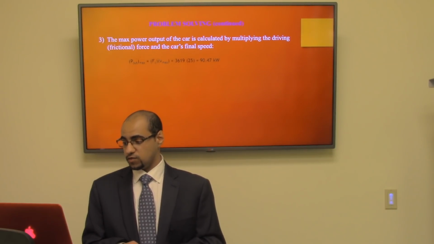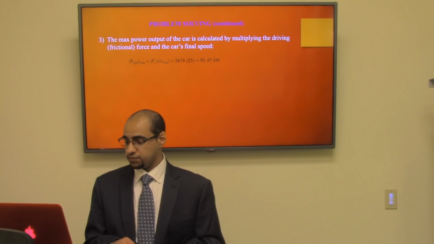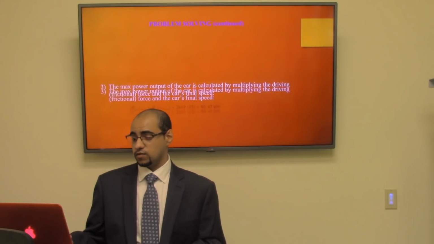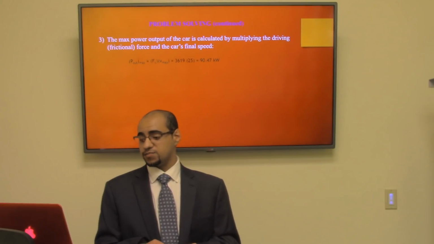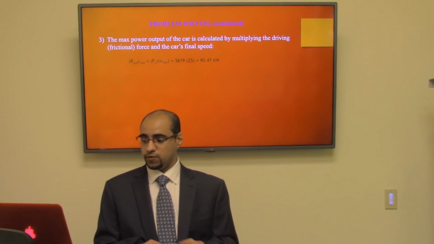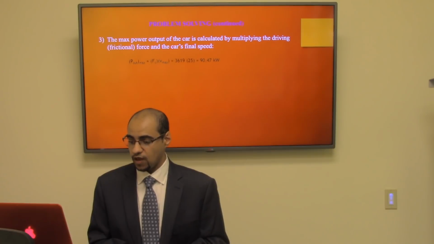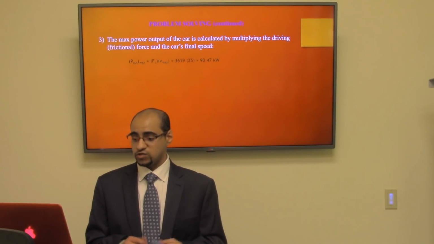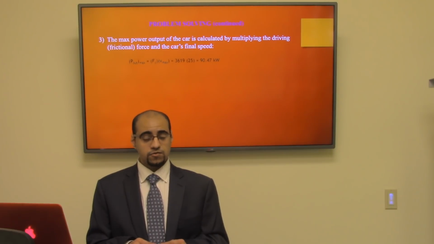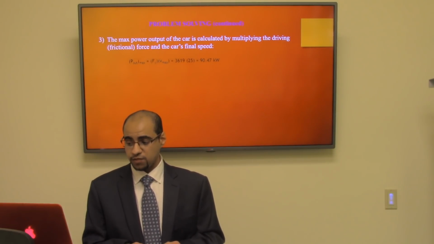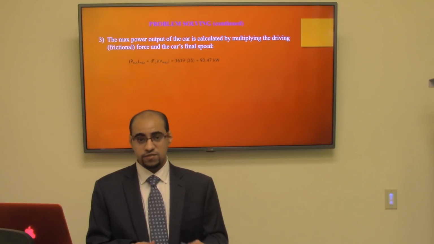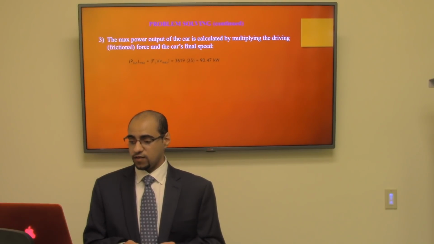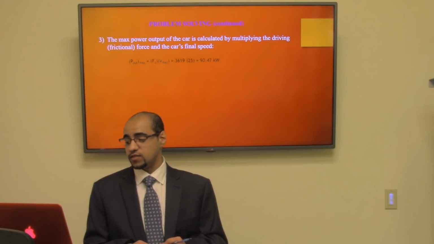After we found the force, 3 we have to find the max power output and the input. So P out max equals Fc v max, which is 3,619 Newton multiplied by 25, which is the velocity, and will give us 90.47 kilowatt.